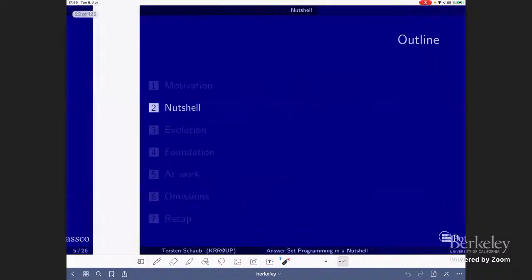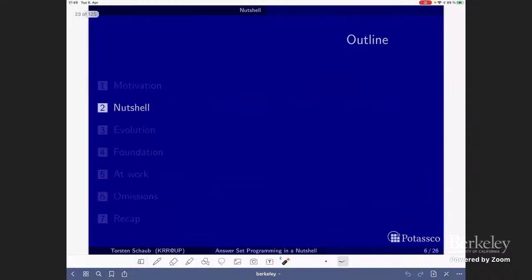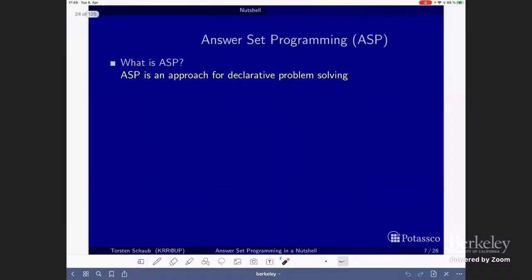Okay, now let's look a little bit more at what ASP is about. And what it is, as I said, ASP is thought of as an approach for declarative problem solving. And I'm really using the term problem solving here, because I think, again, having this word programming in here is really a misnomer.